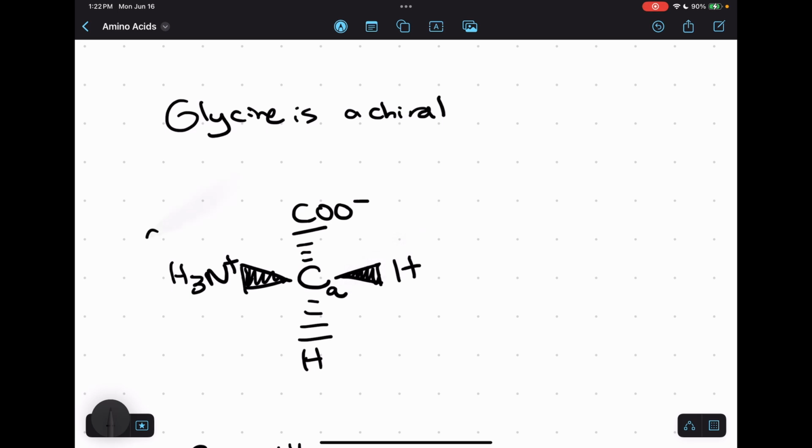We have the amino group right here. We have the carboxylic acid group right here. And then we have two hydrogens. We have hydrogen 1, hydrogen 2. And if we reorient this amino acid in different ways, we can see that if we were to take its mirror image, we would be able to superimpose it on itself.